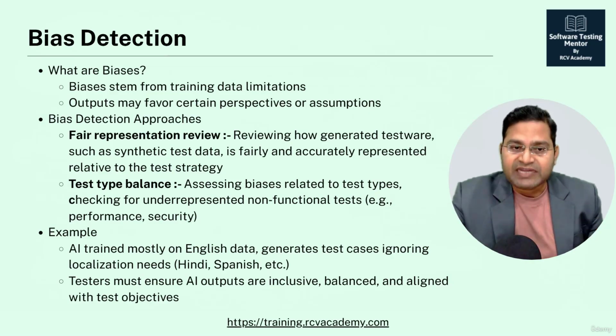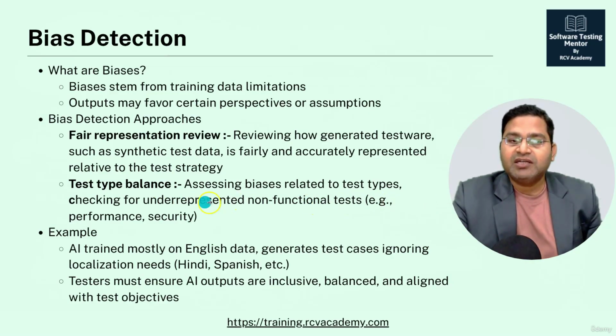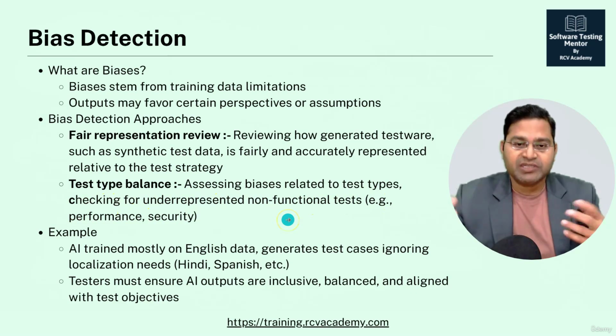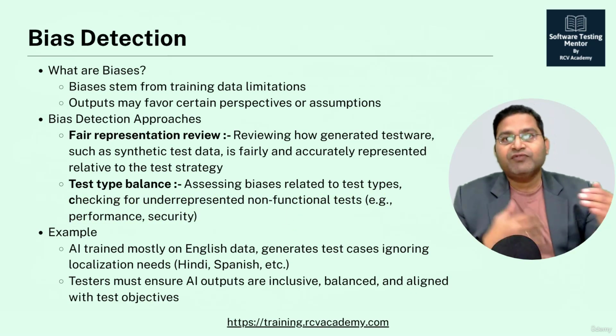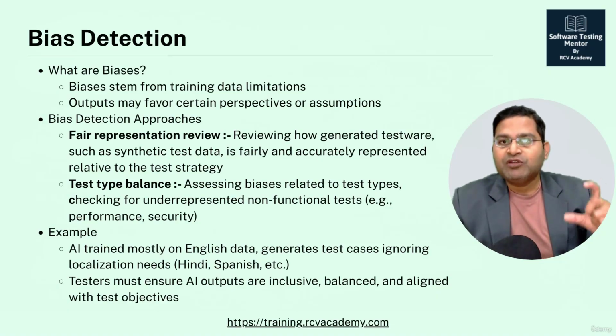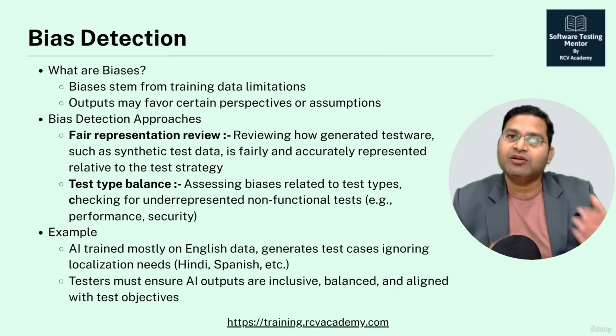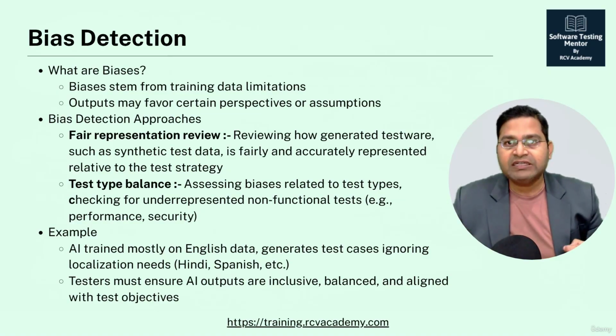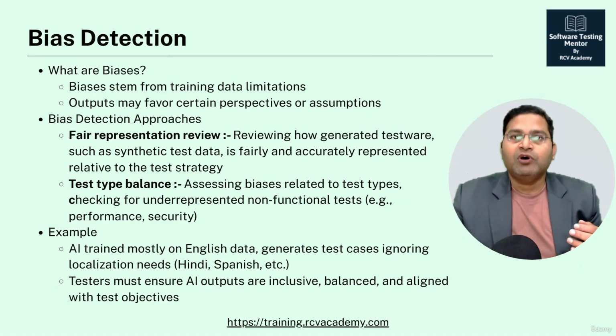Then test type balance: assessing biases related to test types, checking for underrepresented non-functional test cases. For example, you generate test cases for a few requirements, and you say generate functional and non-functional test cases for these requirements, and you see the non-functional test cases are very limited. That means the model is biased and not able to generate non-functional test cases against that criteria.